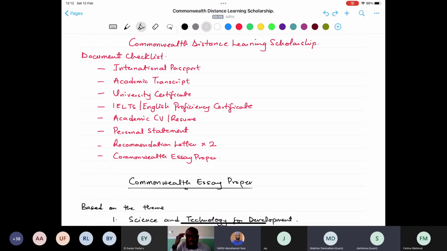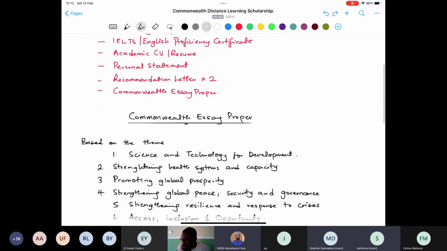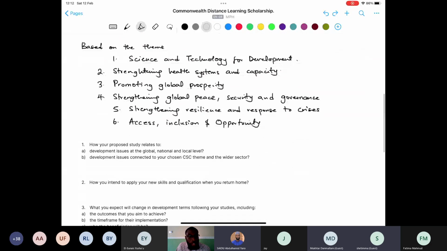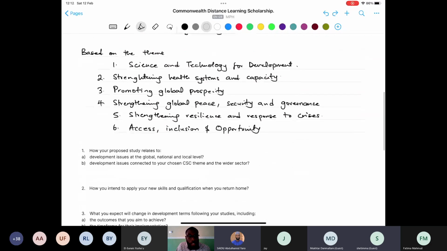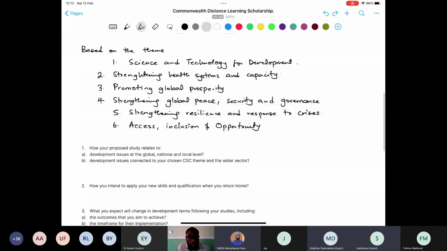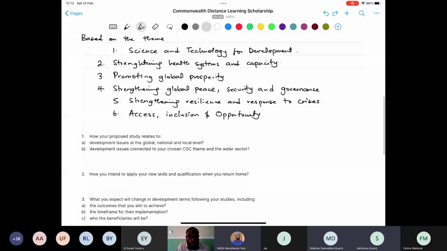So, and then we'll talk about the Commonwealth Essay proper. Based on this, we have talked about the themes here, and I wrote them here. We talked about these 6 of them.